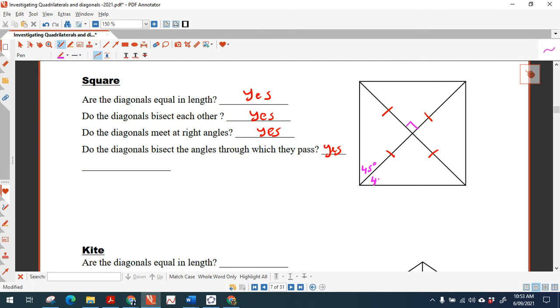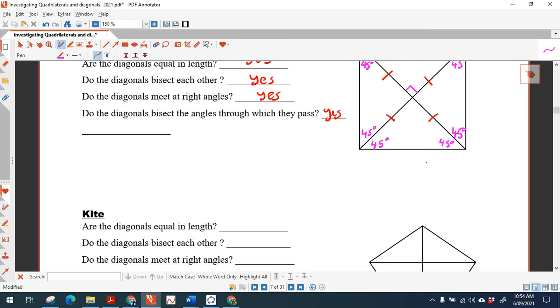So the diagonals cut those in half. 45 degrees, 45 degrees, 45 degrees, 45 degrees. Okay, let's go to the kite now.